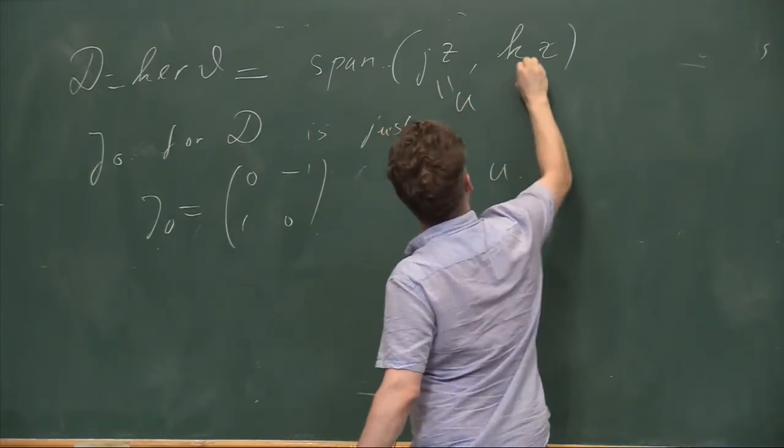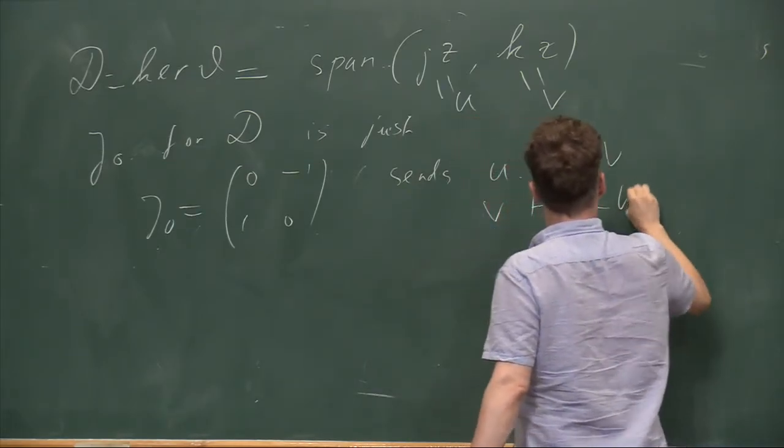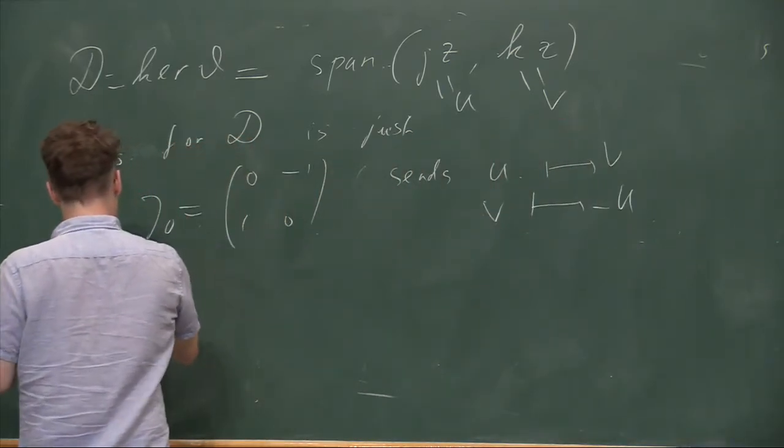Let's call this U and this V: U to V and V to minus U. That's what the standard complex structure does. So now I'm going to deform it, and it looks for any contact geometer like a completely harmless deformation, but this turns out to be very bad for CR geometers. So deform.